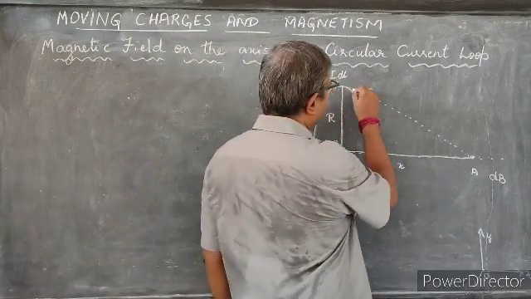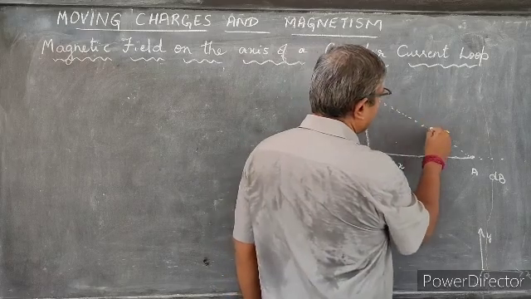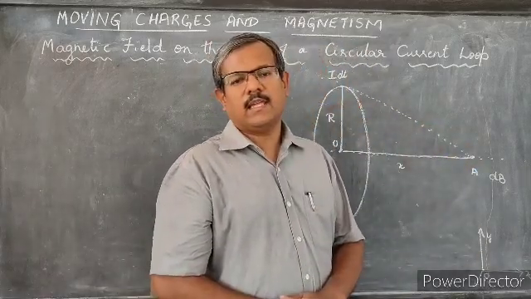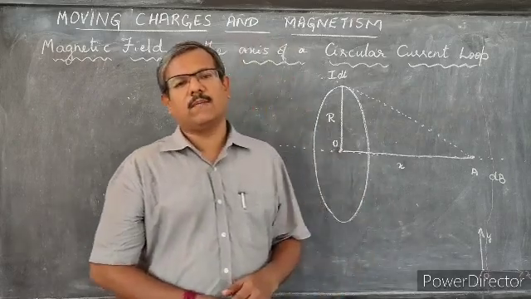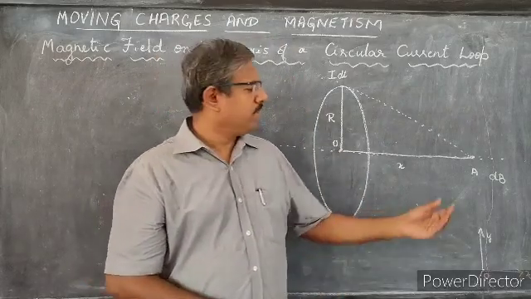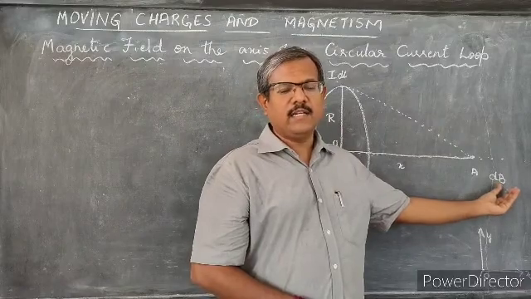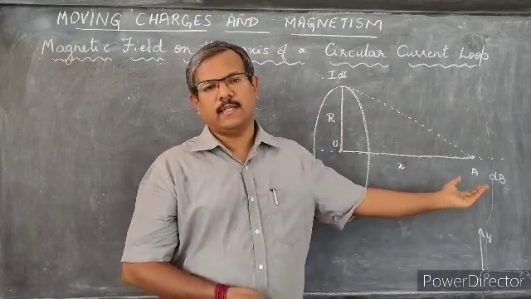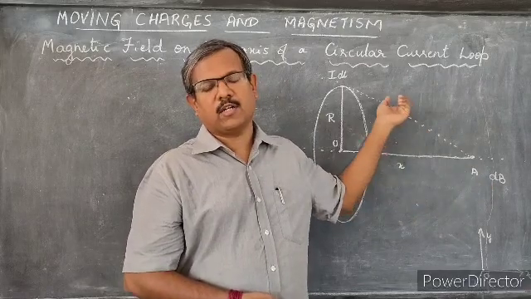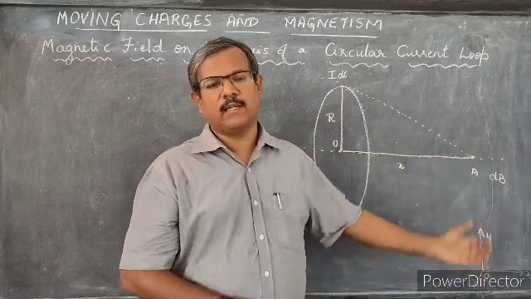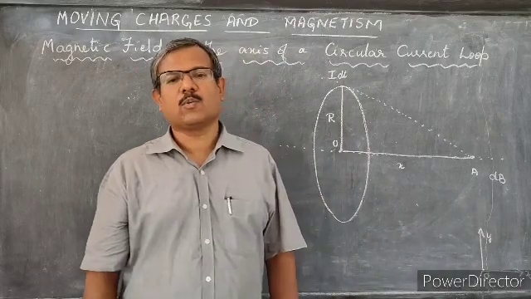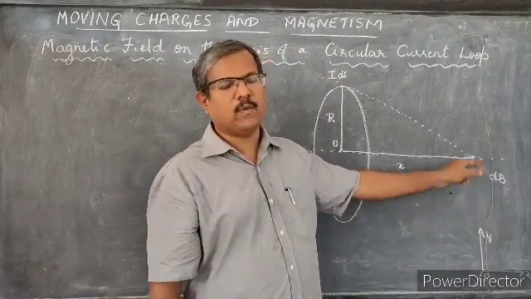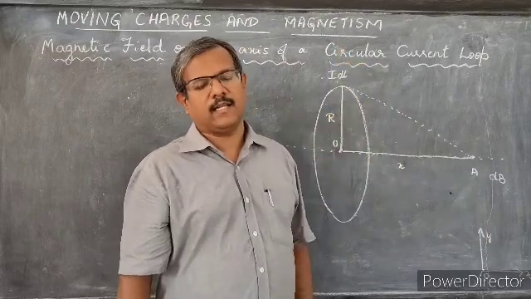Yesterday, if you recall, we gave the statement of the Biot-Savart law as the magnetic field being directly proportional to the current element and its vector product with the displacement vector, and inversely proportional to the square of the distance between the point of interest, or the field point, and the current element.